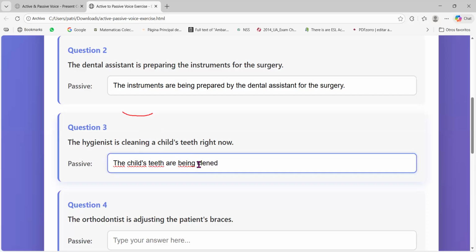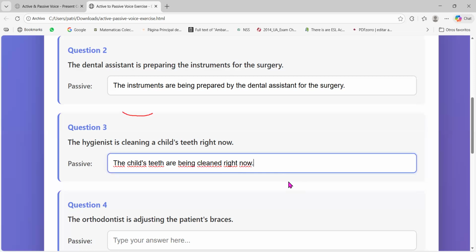Clean because it's a regular verb. And complement: right now.